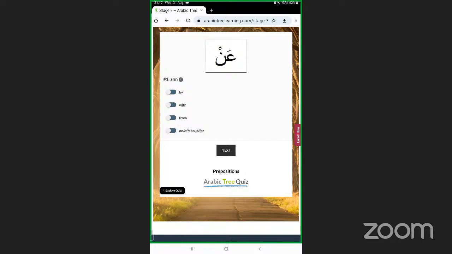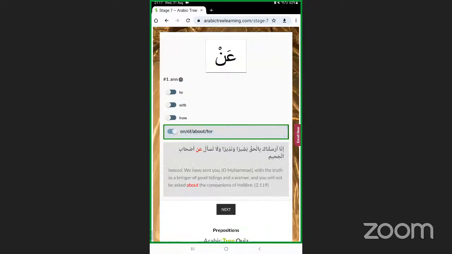Tell me, is this a harfijar or not? Yes, it is harfijar. If it is harfijar, then ashabi, is it a noun or not? Noun. What is the proof of ashabi being a noun?